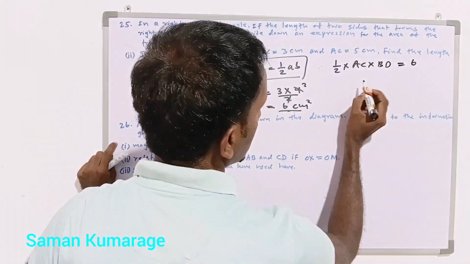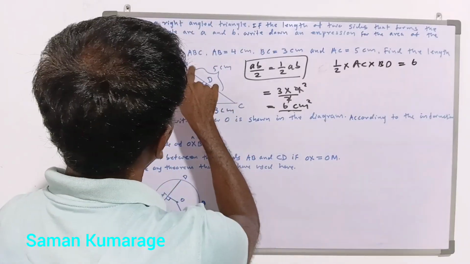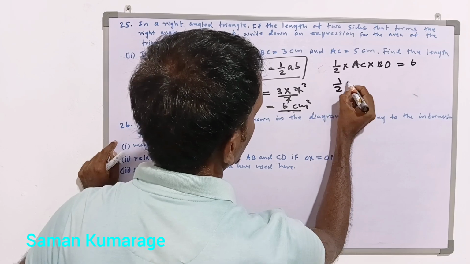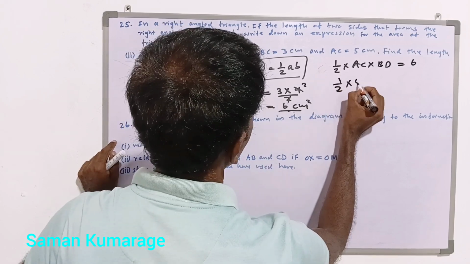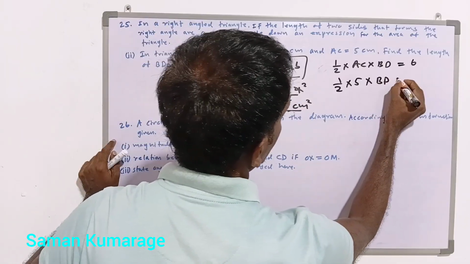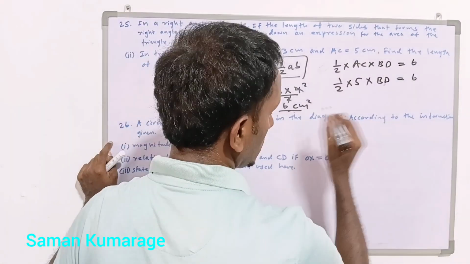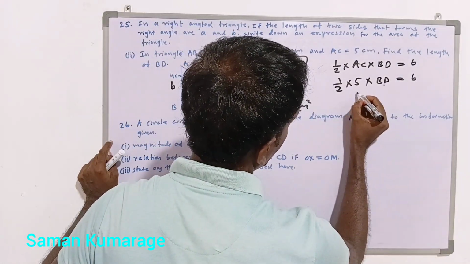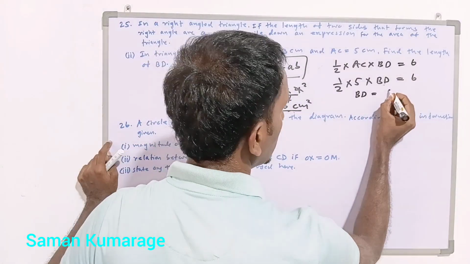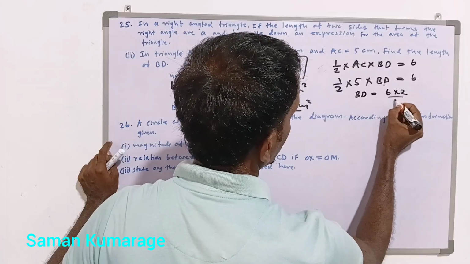Now we can simplify this. We know the length of AC is given, that is AC is 5 cm, and BD is unknown. Now isolate BD on this side, take this to the other side, then it will be 6 times 2 divided by 5.